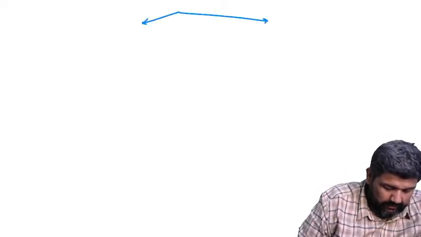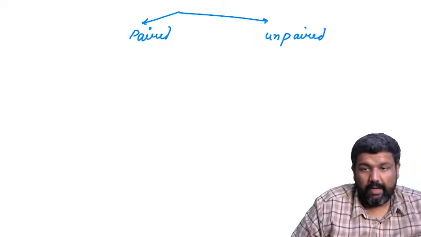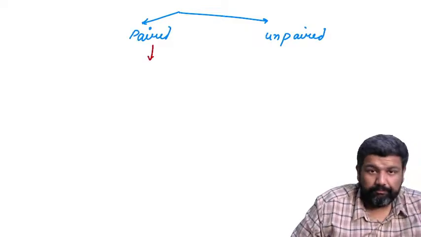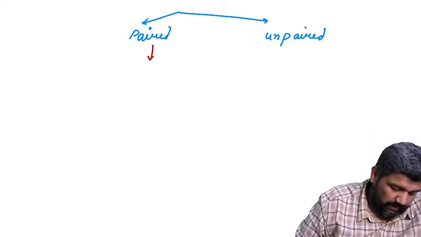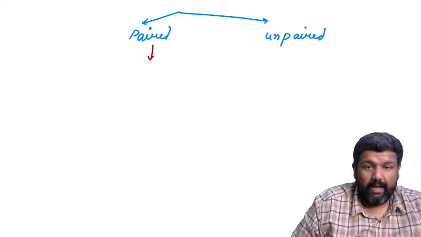So guys, I want to tell you here the topic, test of significance. The tests of significance are of two types: paired and unpaired.